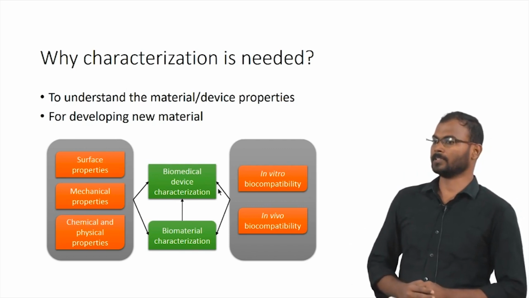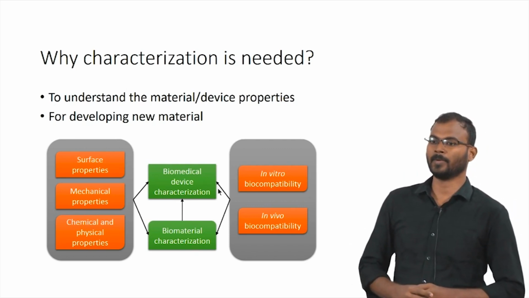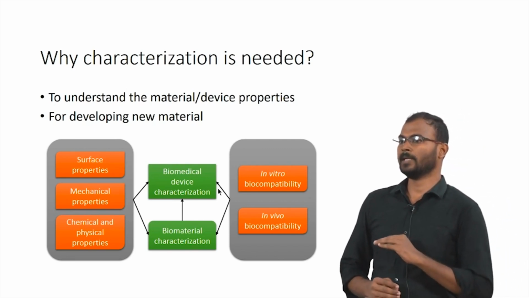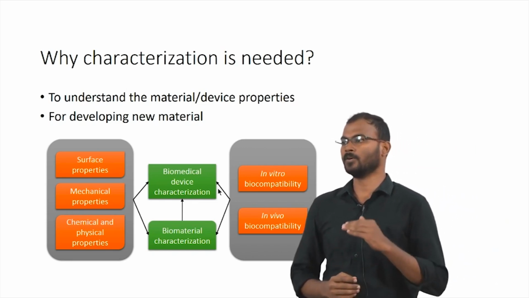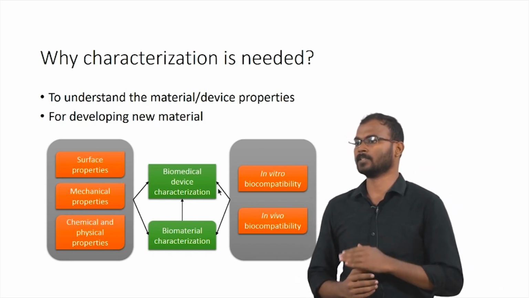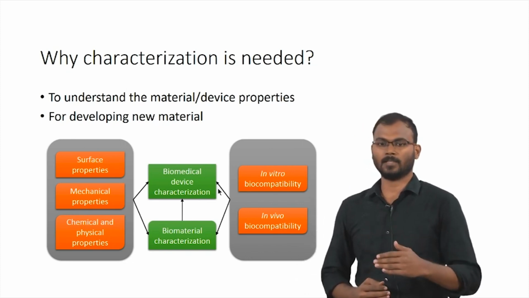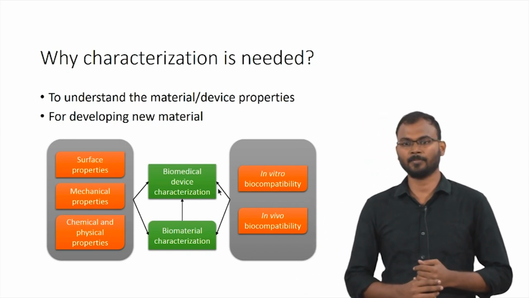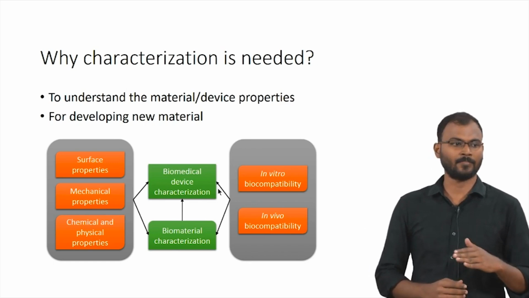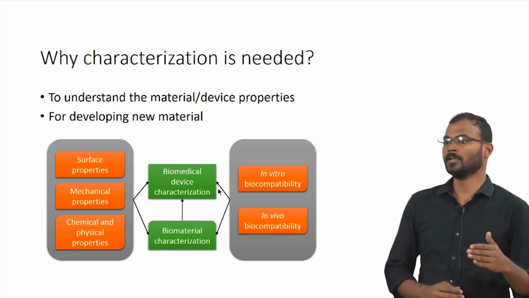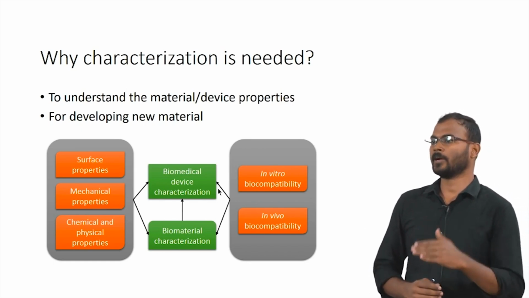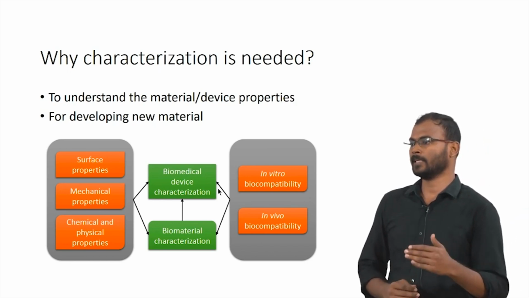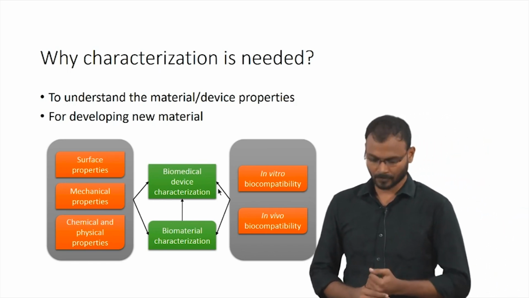Surface property is primarily dependent on the material and host cell interfaces. When a material is implanted into the body, the first point of contact is the material surface and the host cells. So the surface should be biocompatible so that it won't be rejected by the host.